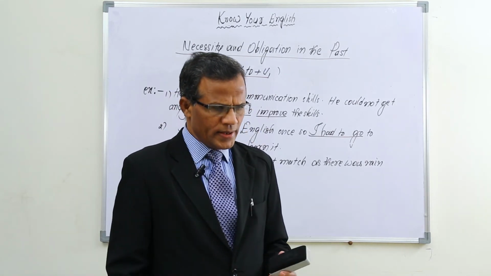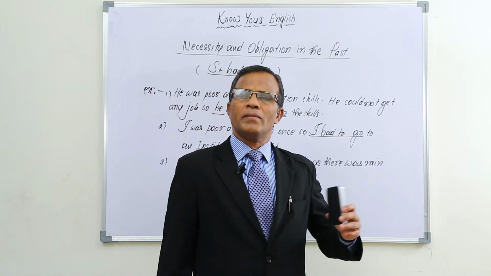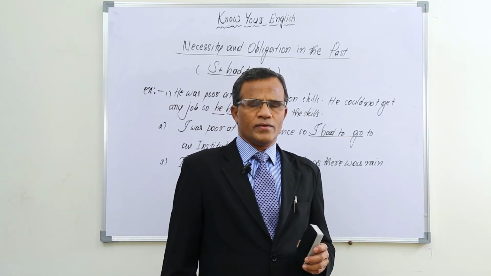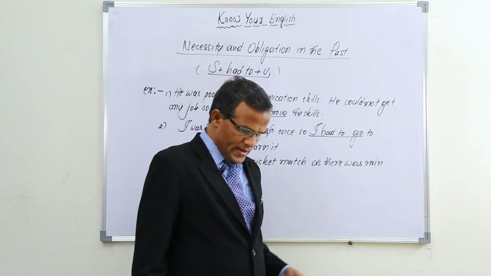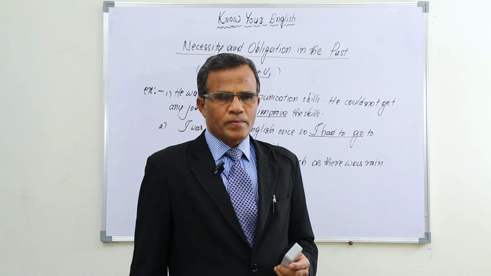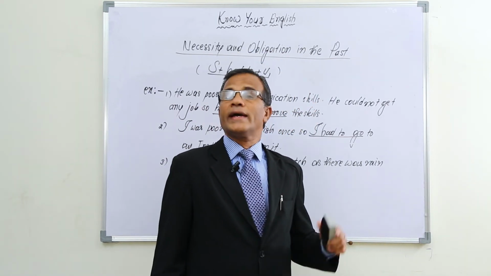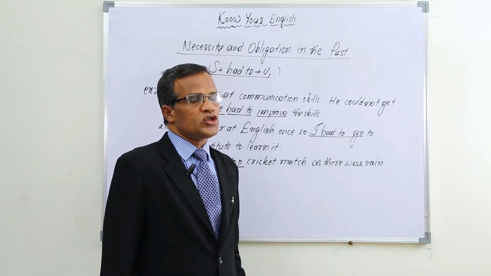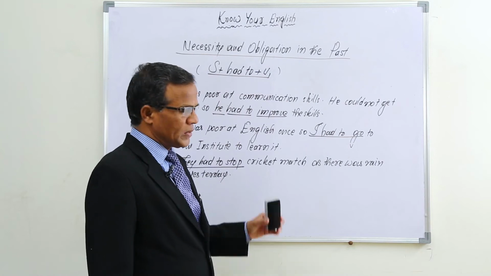And in the same way, I had to go to America for my MS. And in the same way, my father was very poor, so I had to stop my education. Such a way we can give some more examples also.